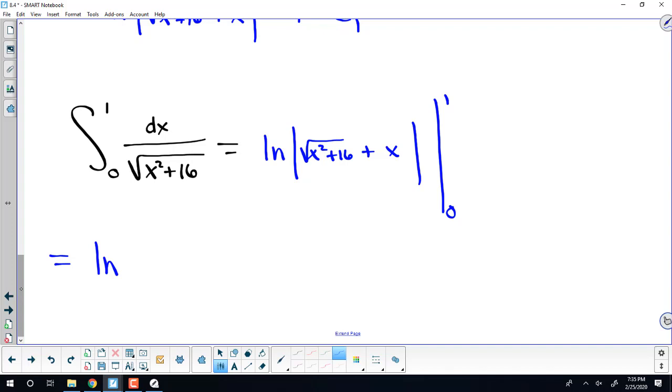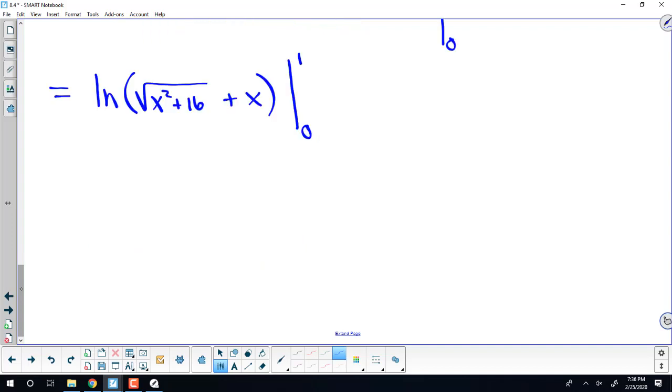But we're going to work with this. There's no harm in keeping them when you shouldn't keep them. So we're going to just look at this and evaluate that.